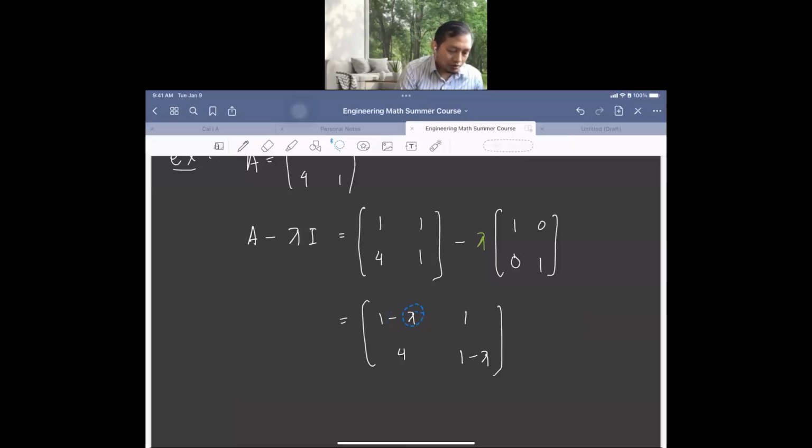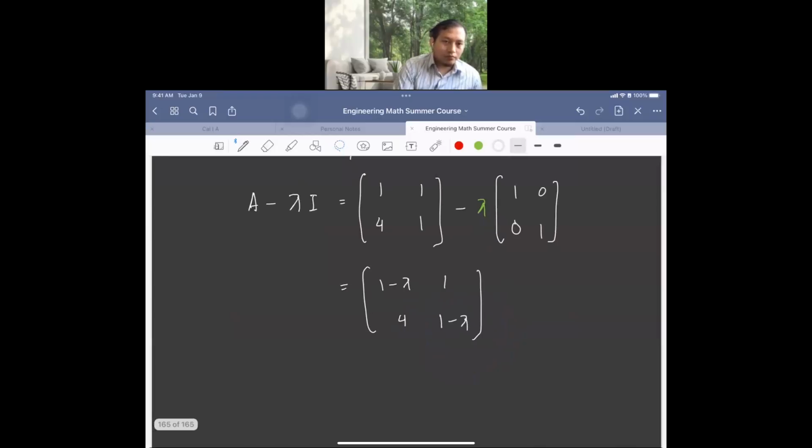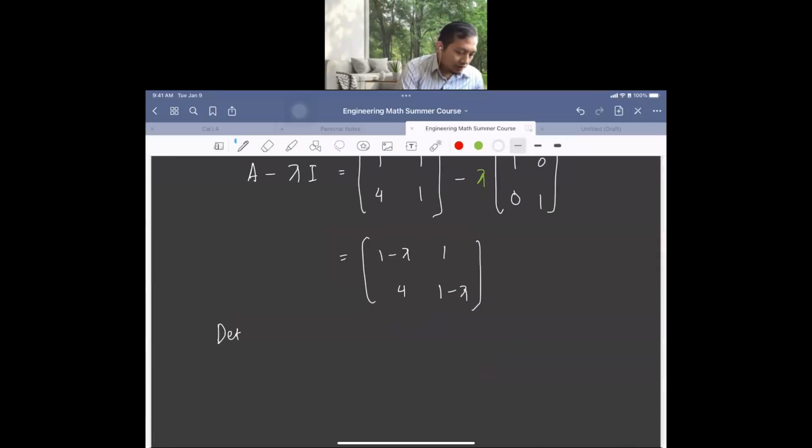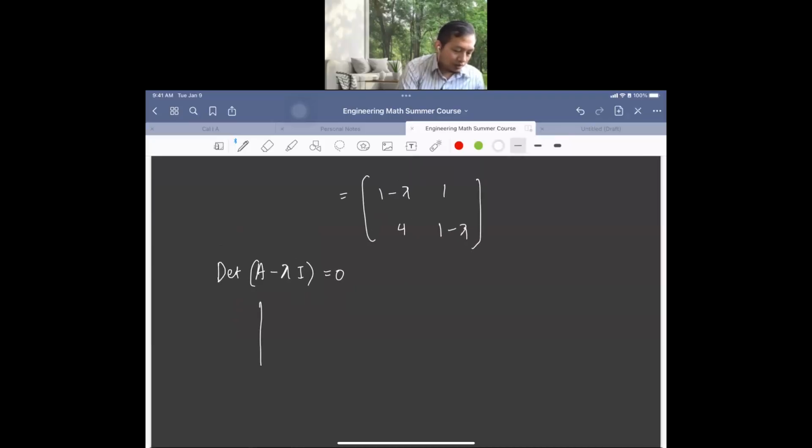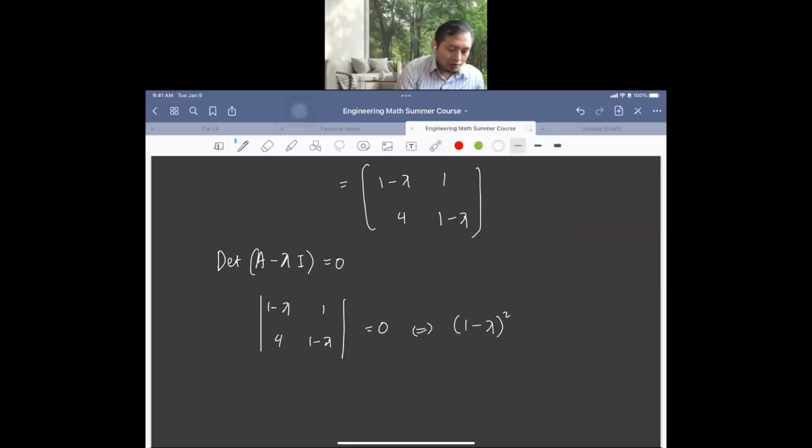So we need to set the determinant of A minus lambda identity to be 0. So we are going to have 1 minus lambda squared minus 4 is equal to 0.